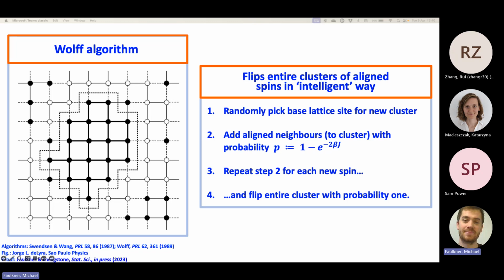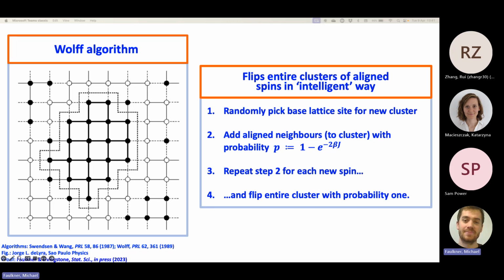These algorithms flip entire clusters of aligned spins in an intelligent way to circumvent this slow mixing. The Wolff algorithm is slightly simpler to describe, so I'm going to talk about that one here instead of Swendsen-Wang. But the Wolff algorithm came after Swendsen-Wang, and it's sort of a simplification of the first.